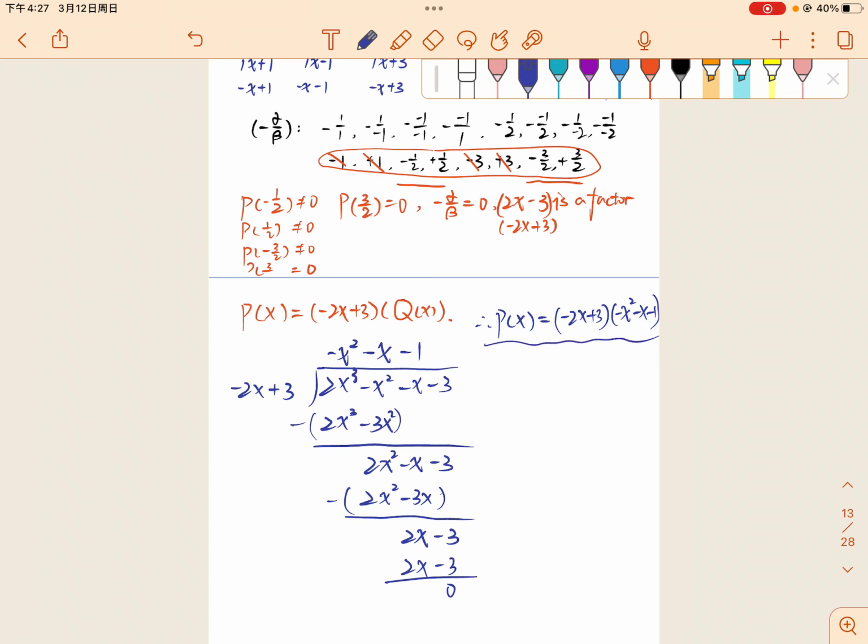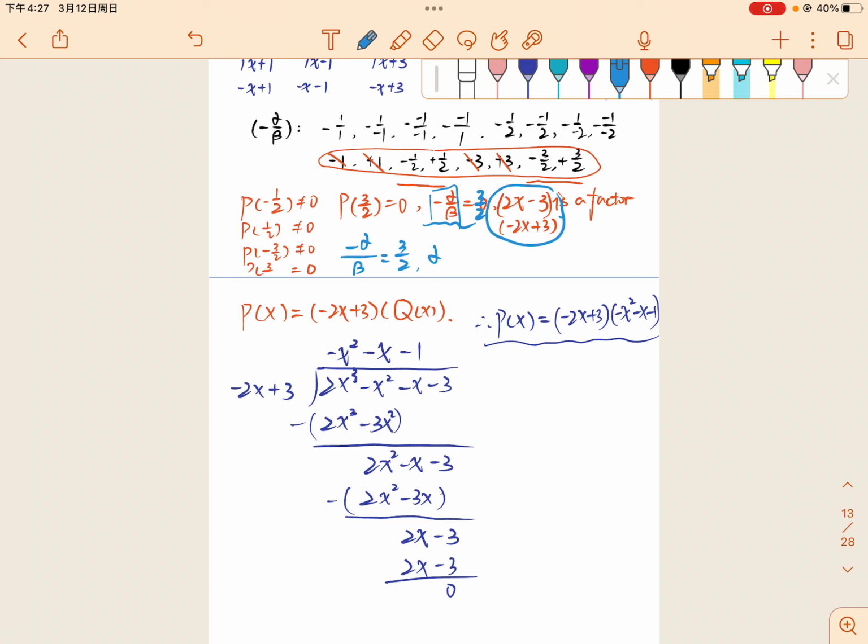Okay, so one thing I want to mention is, here you have negative alpha over beta equal to 3 over 2. What is 3 over 2? That means negative alpha divided by beta equal to 3 over 2.